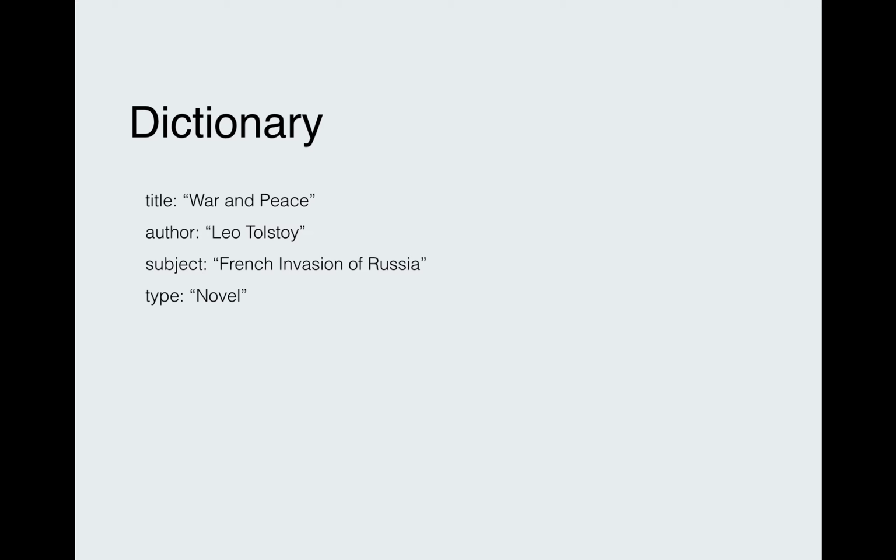So we can find that Leo Tolstoy is the author by searching for the key author and getting the value Leo Tolstoy. JSON is a common example of a dictionary type structure that's used frequently. Dictionaries are also used a lot in programming languages. And they could be useful if you need a simple model, but one with more structure than a set or a list provides.